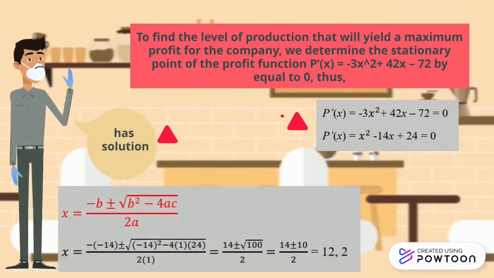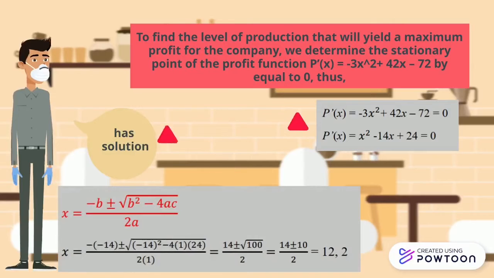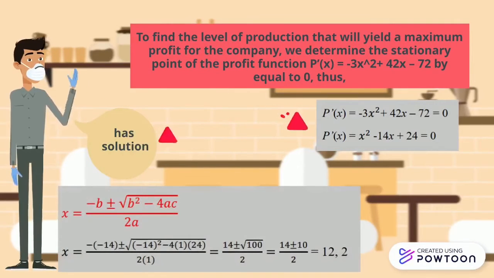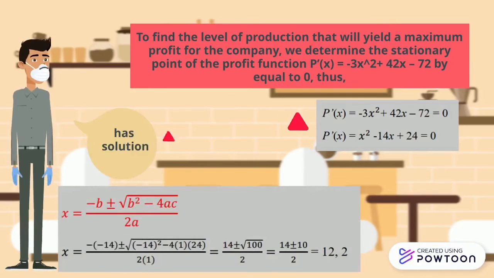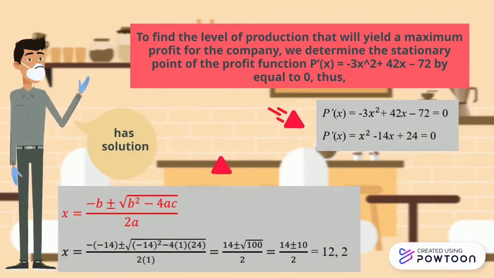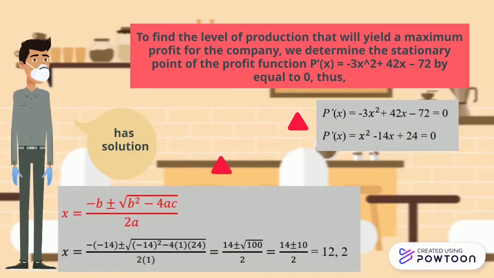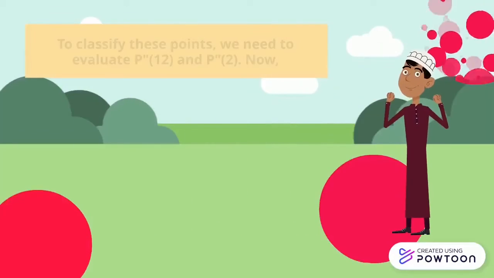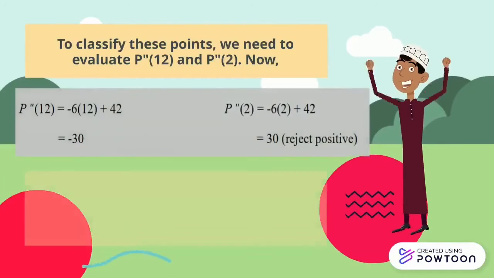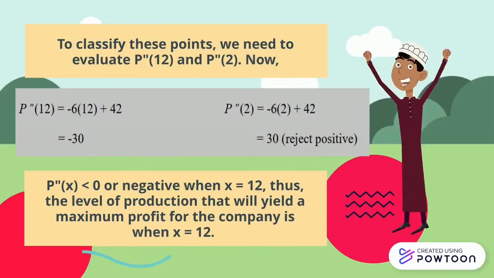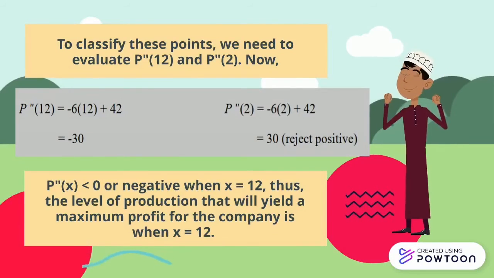This is a quadratic equation and can be solved using the formula. However, before doing so, it is a good idea to divide both sides by negative 3 to avoid large numbers. The resulting equation has solutions, and we get 12 and 2. To classify these points, we need to evaluate the second order derivative of the profit function at 12 and 2.